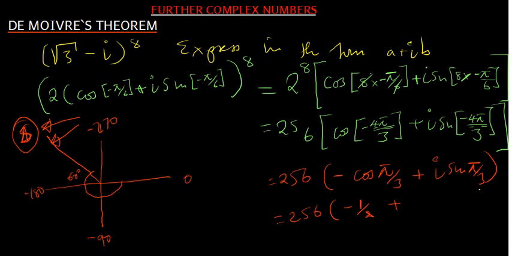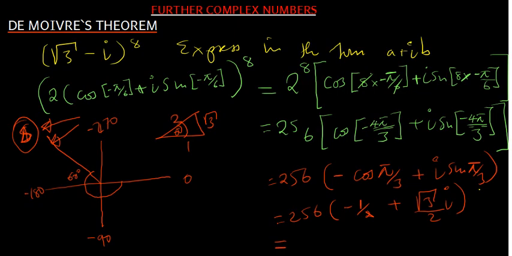And then sine 60. Okay, sine 60, if we check on the special angles, this is root 3, this is a 2, this is a 1. 60 degrees is at this point. Sine is opposite over hypotenuse, so it is root 3 over 2, but there's an I there, so I'm supposed to put that.